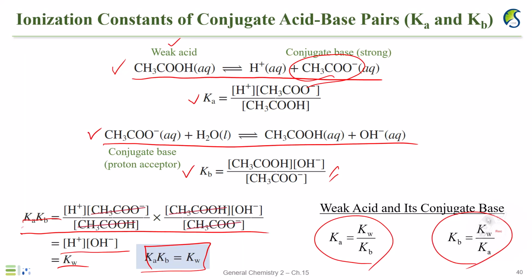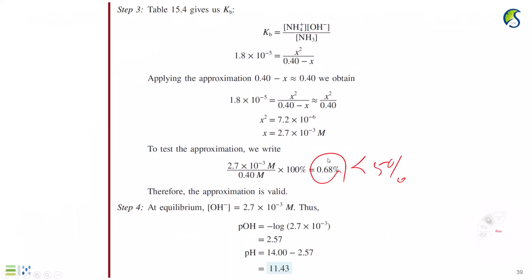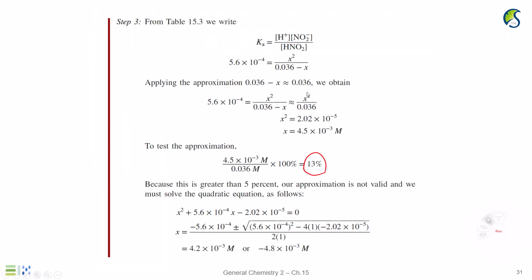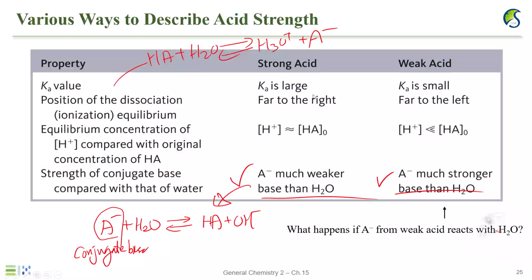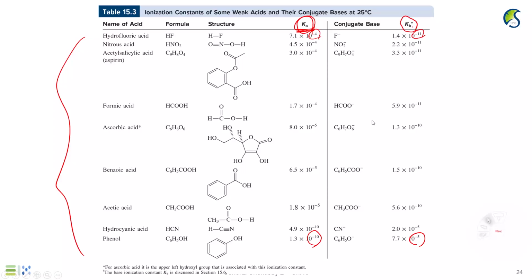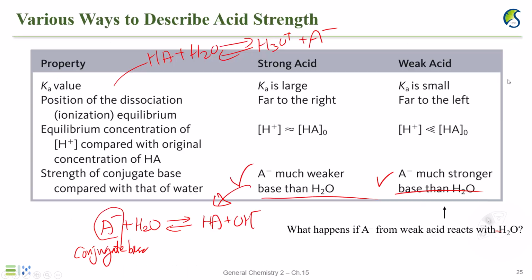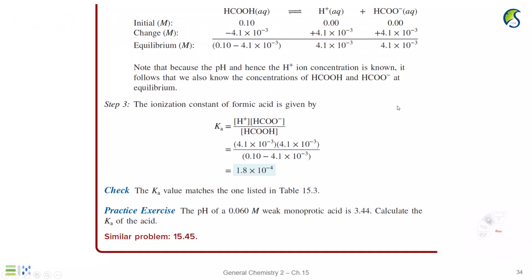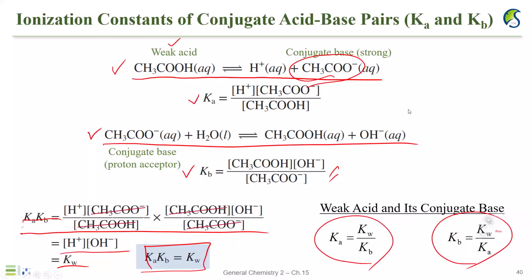So this is why you have this relationship on page 24, where the strength of an acid and the strength of its conjugate base are exactly opposite, in that their product is always Kw, the constant.